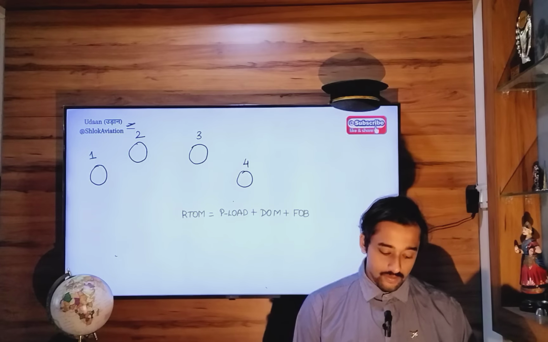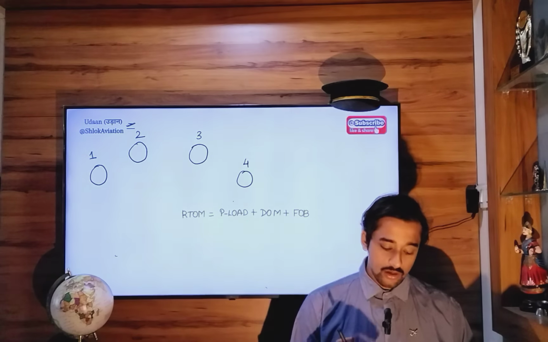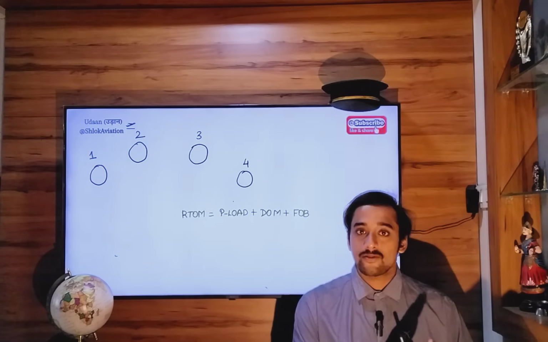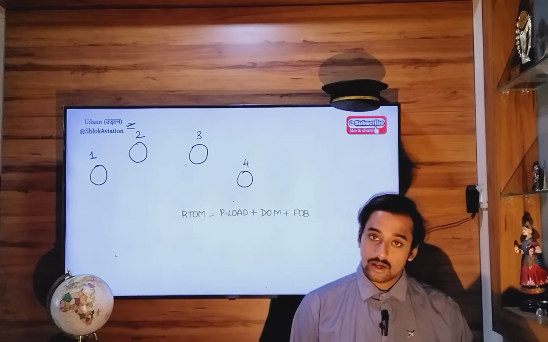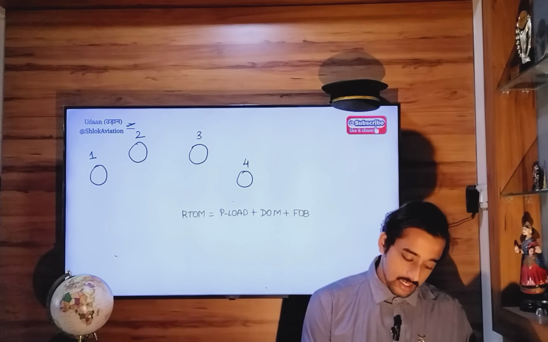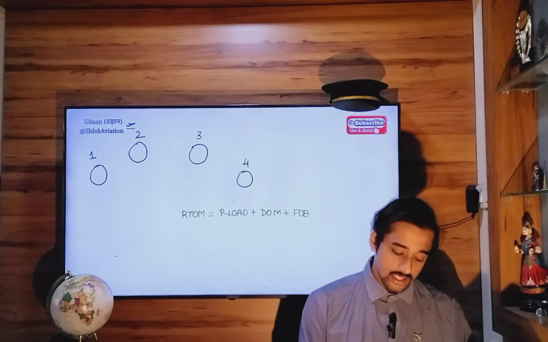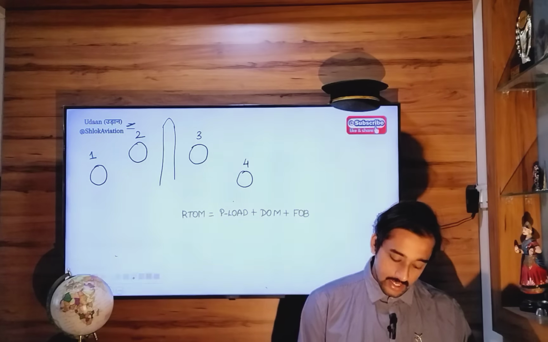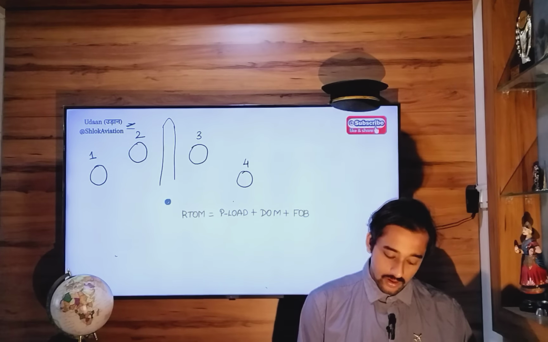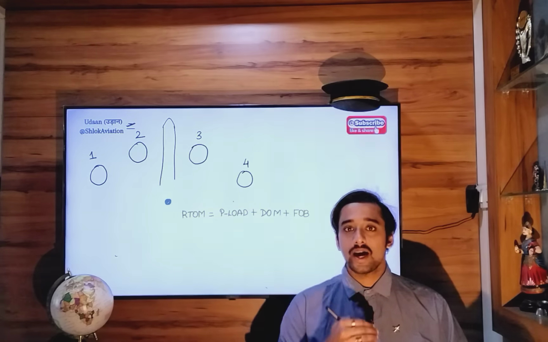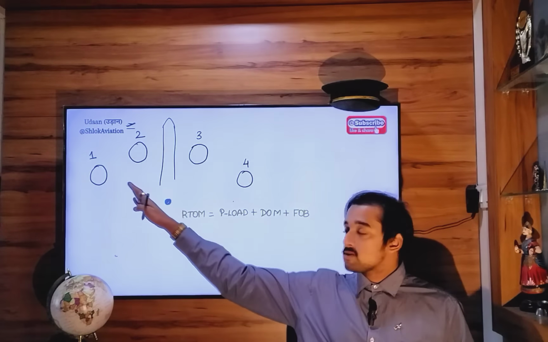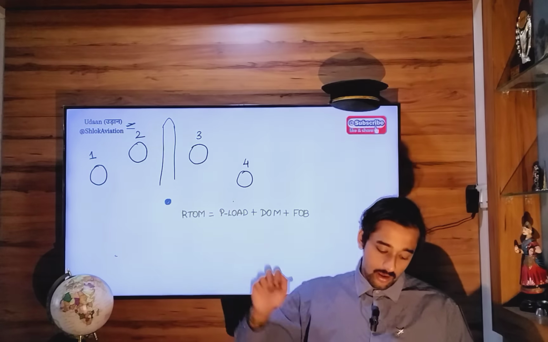You start counting the engines from the very left engine, when the aircraft is in front of you. So if this is your aircraft, you are standing behind that aircraft. Okay, so you are looking at that aircraft from behind, not from the front. And from that perspective, you start numbering the engines 1, 2, 3, 4.